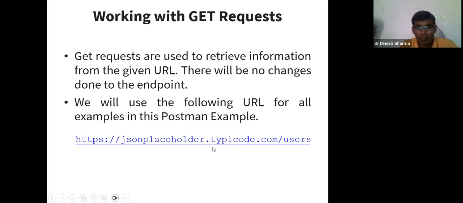After this, I will send a POST request. So how will we send it? First, we will copy this. Okay, just a minute. Now I am stopping my screen and I will share again, because I will give you a live demo.